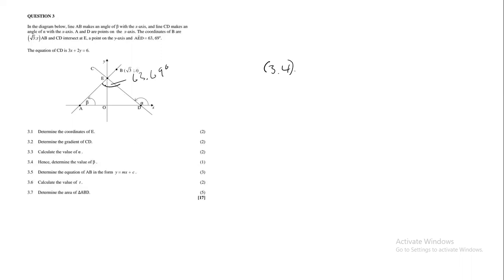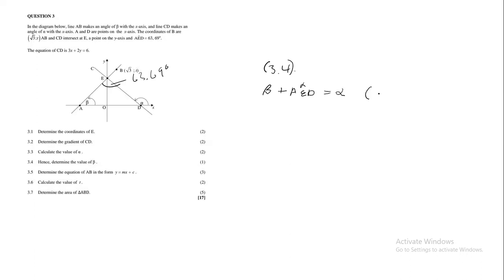So that means this angle plus this angle is equal to the opposite exterior angle, meaning the sum of these two interior angles, when you add them together, will yield this angle, which is called alpha. So for 3.4, let's determine beta. We're going to say beta plus angle AED is equal to alpha.